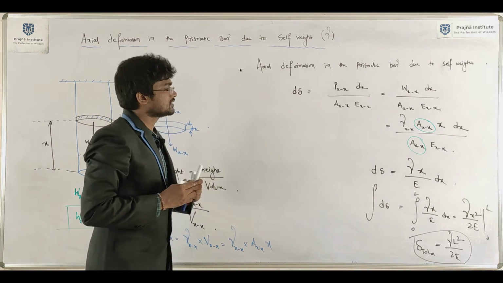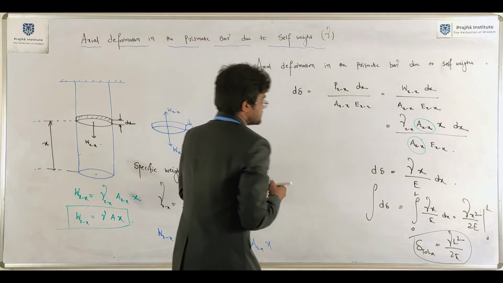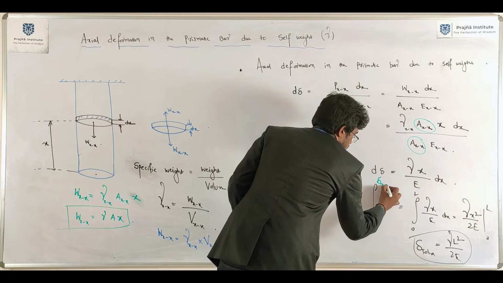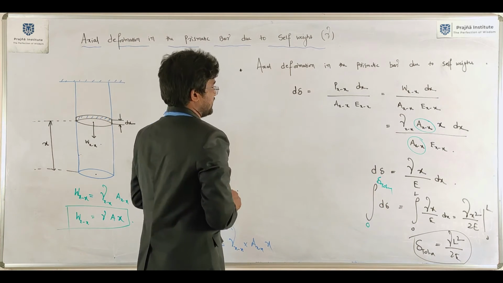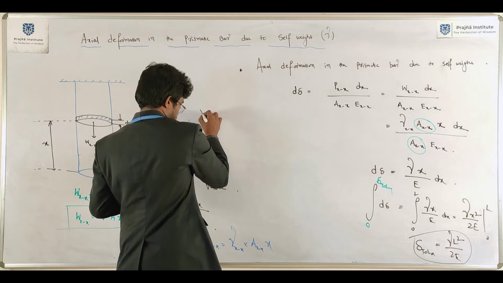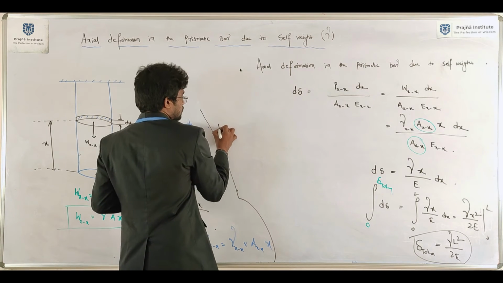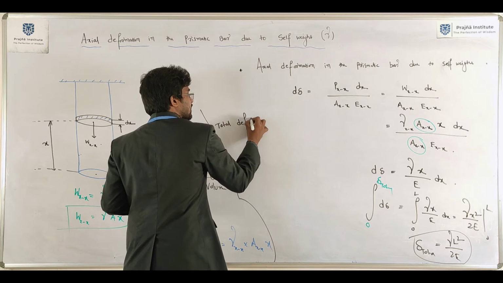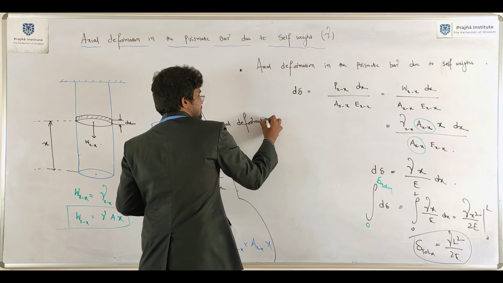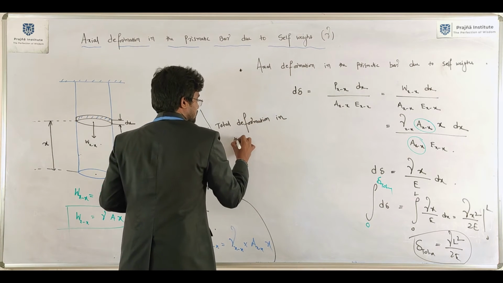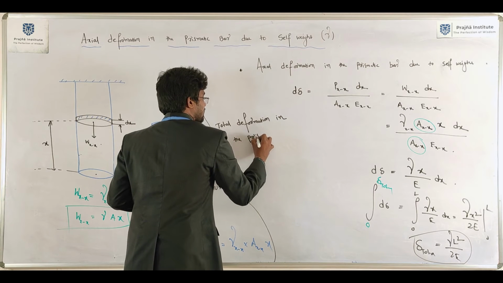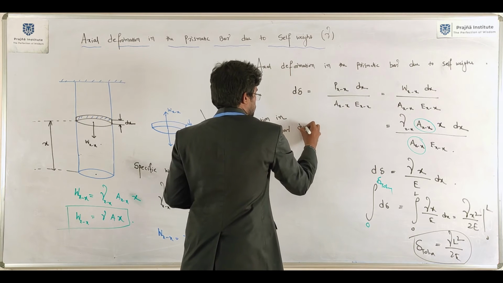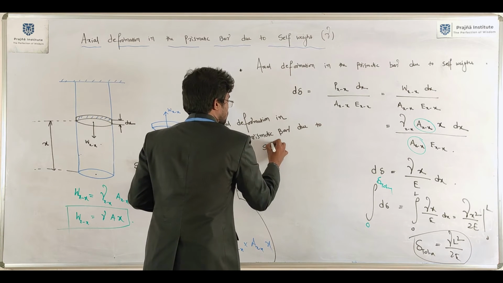What is the total deformation in the prismatic bar due to self weight? Now write down: total deformation in the prismatic bar due to self weight.